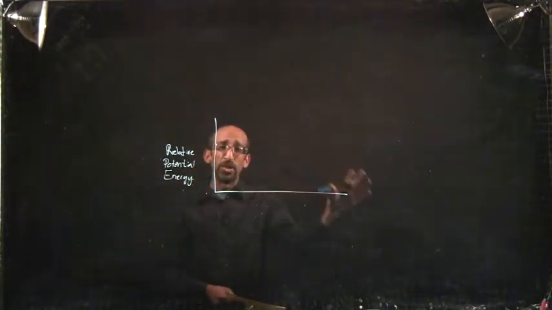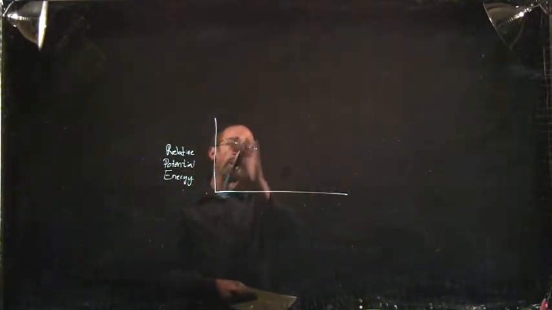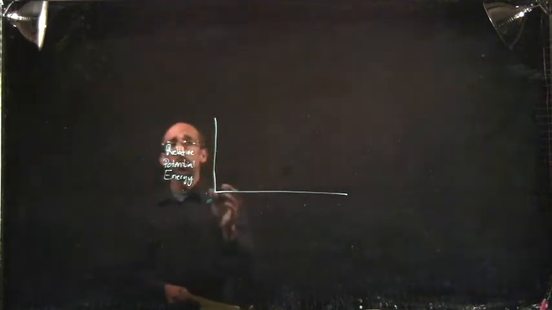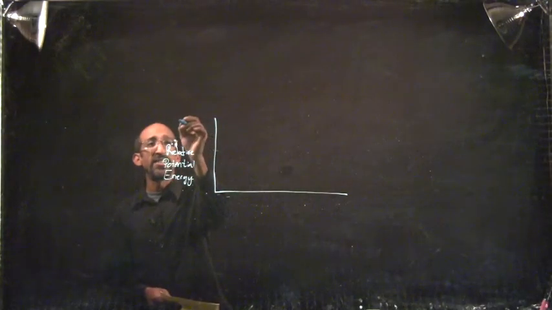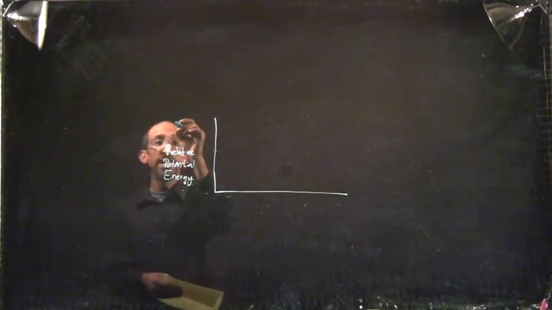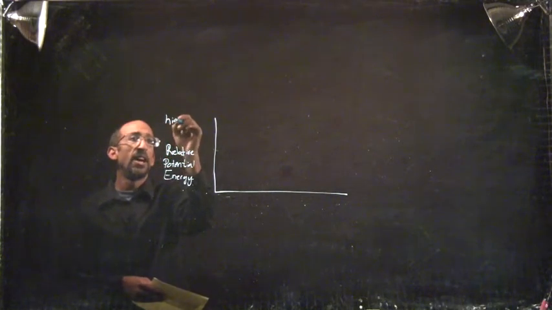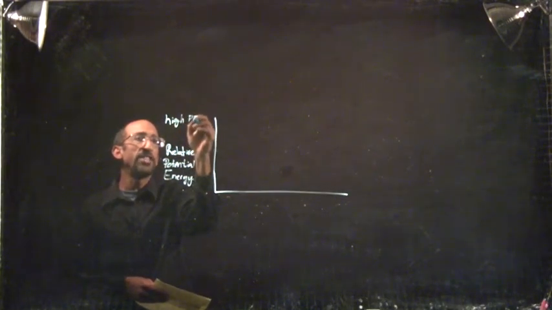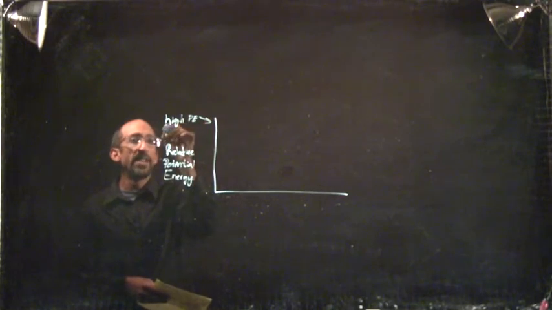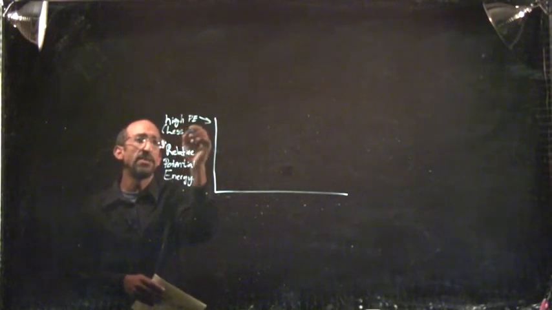For doing a potential energy diagram, for conformers or for really any situation, the top of this y-axis is our highest potential energy. So this is high potential energy up here. This corresponds to a system being less stable.